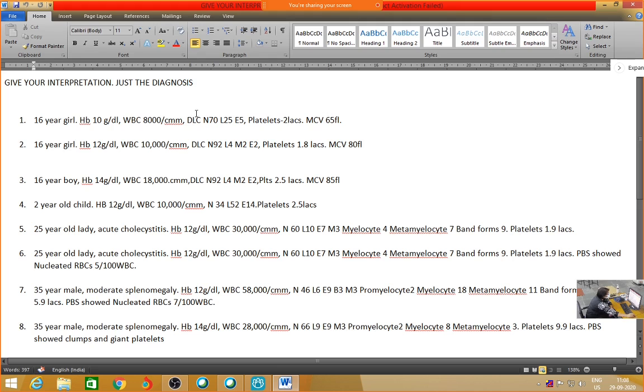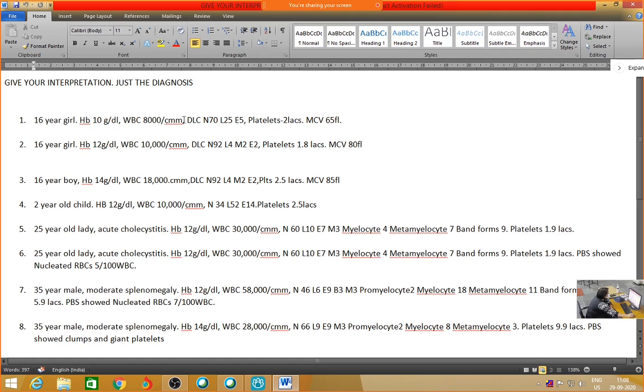I just want to make one point here, which I have not added here because we are basically discussing WBC disorders, but this question is more of an RBC disorder. When you get an MCV which is extremely low and the hemoglobin around 10, you have to also look at the RBC count, which I have not given here. If the RBC count is towards the lower level, you can think of a microcytic hypochromic, probably iron deficiency anemia.